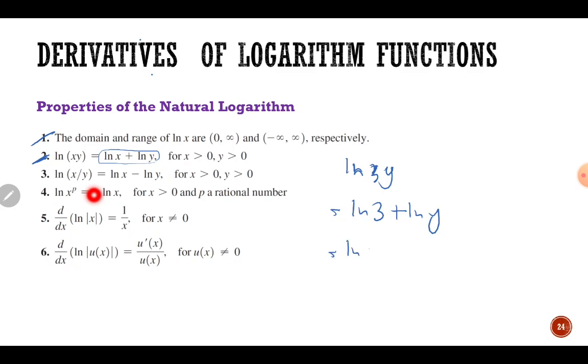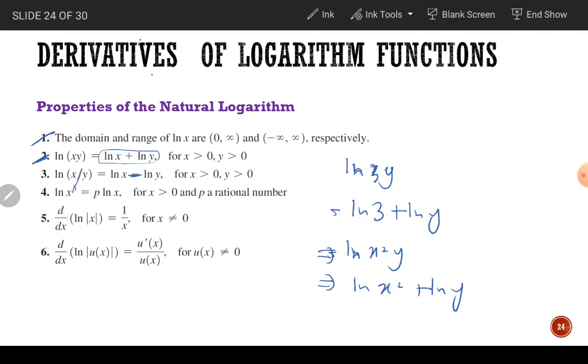Ataupun ln x square y, maknanya kita boleh pecahkan dia jadi ln x square tambah dengan ln y, for example. Dan kalau divide, ln x over y, dia akan jadi tolak: ln x minus ln y. Alright, then next.